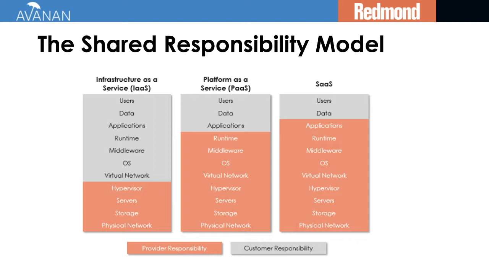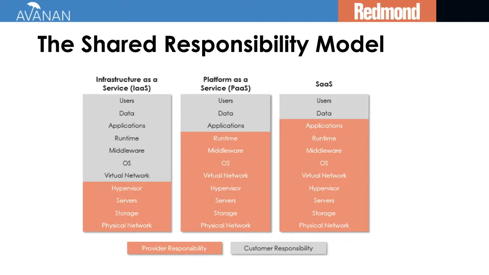So to the left, for example, if you're getting infrastructure as a service from Azure or AWS, they're responsible for the uptime and security of their physical hardware, their network, storage, servers, and basically all the layers below the hypervisor, which you can see there in the, I guess it's a magenta on my screen.